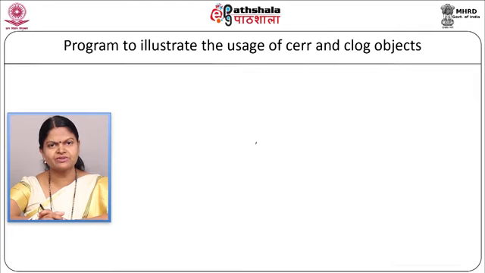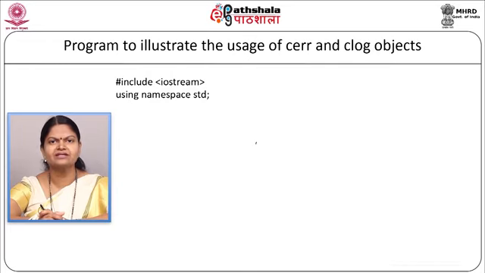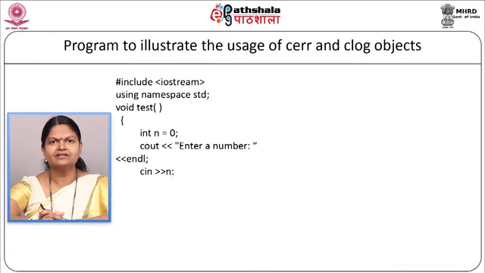We'll start with our program: #include iostream, using namespace std. We'll write a test function first as void test. We'll declare the variable as integer n is equal to 0. Now we will take a value from the user as n. We'll display the message to the user as cout, "enter the number", cin n.